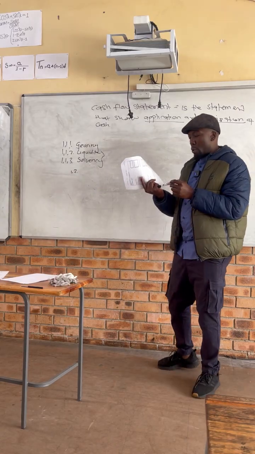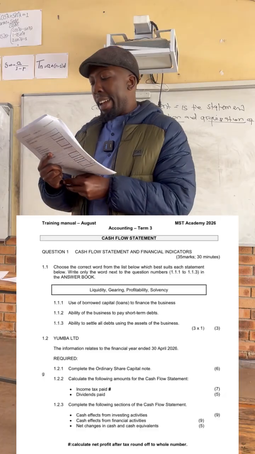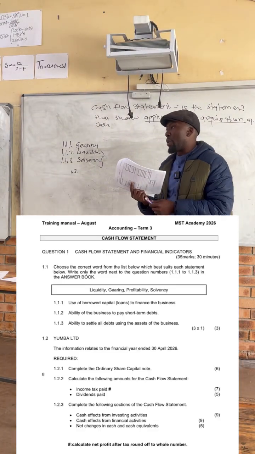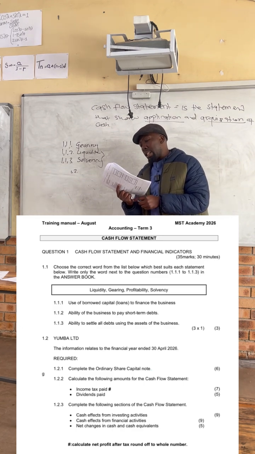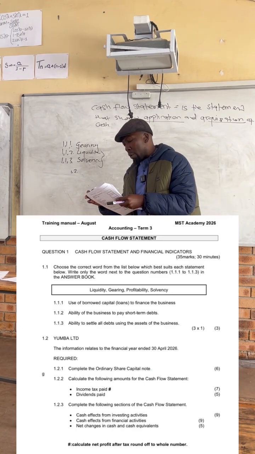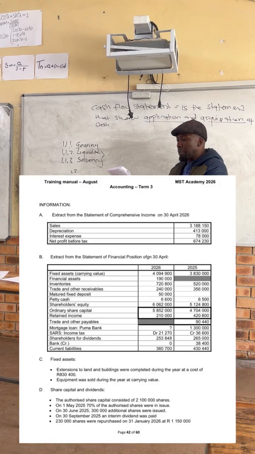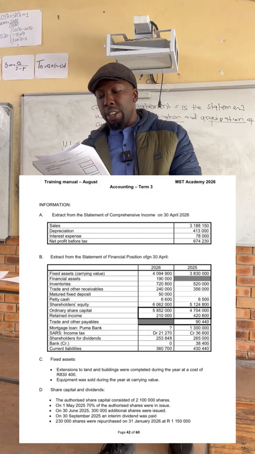1.2, we have Yumba Ltd. This information relates to the financial year ended 30 April 2026. Guys, you must always be watchful of the financial year end. Okay, it will assist you when you look at your additional information there. Now, we are going to complete our ordinary share capital note.